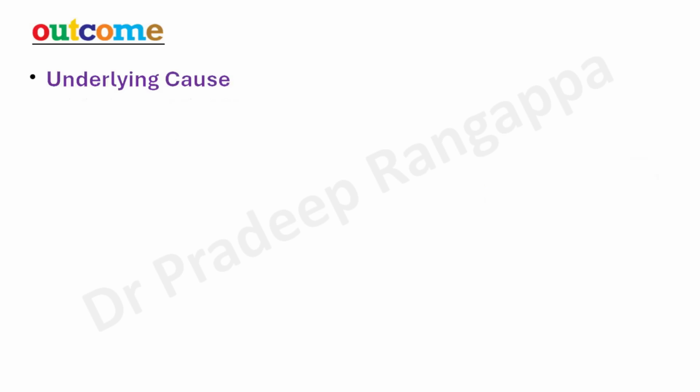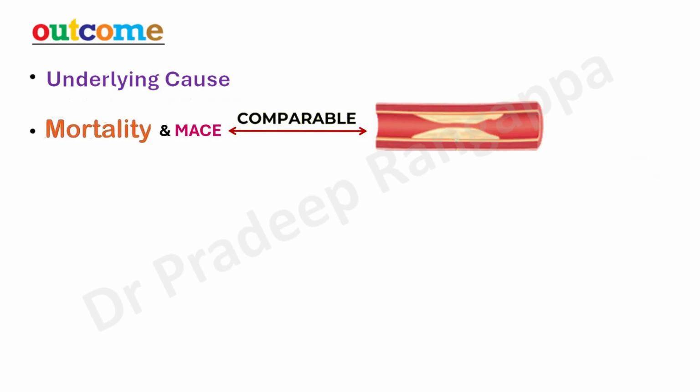What about outcome? Again, outcome is determined based on the underlying cause. If it is the coronary vessels, plaque rupture, that has a bearing on the outcome. Mortality and major adverse cardiac events are comparable to obstructive coronary artery disease. So the outcomes in MINOCA are similar to the outcomes of obstructive coronary artery disease, but mortality and major adverse cardiac events are worse when compared to the general population.